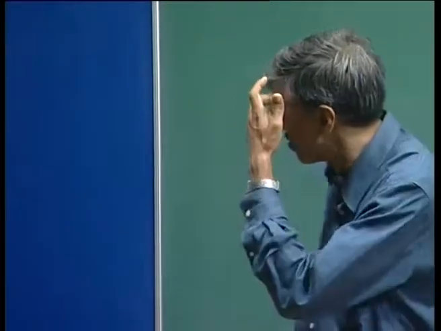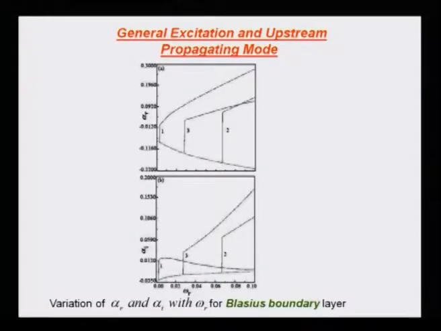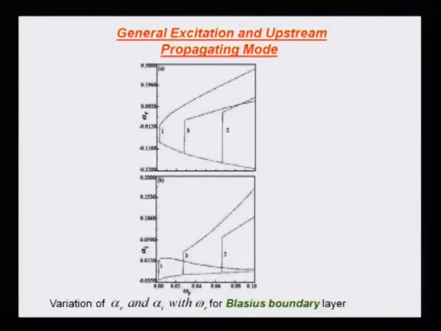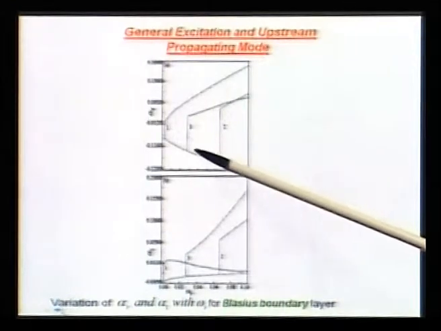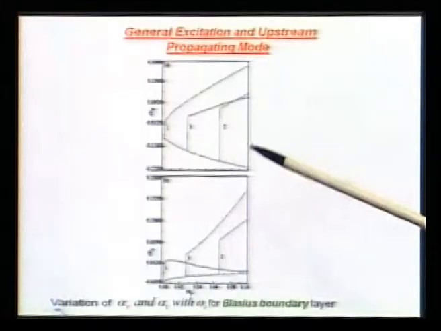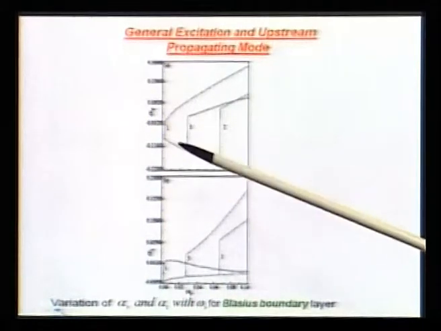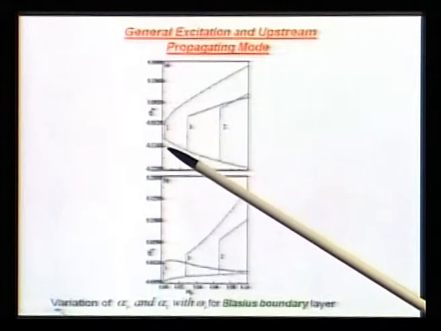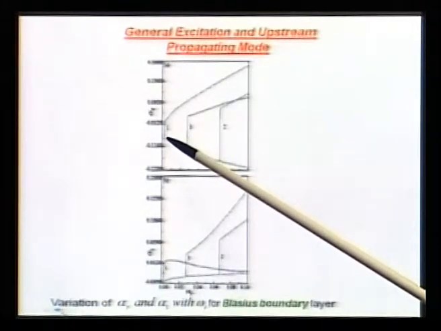So what happens is that along with modes whose phase propagates downstream, we always have at least one mode whose phase actually propagates upstream, and this is always there. So when these disappear, this will still remain.